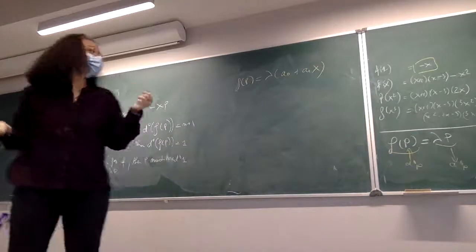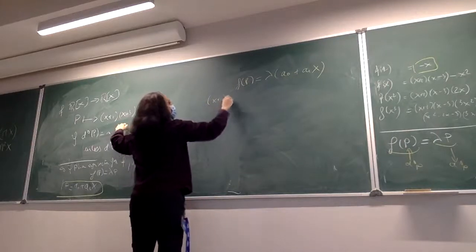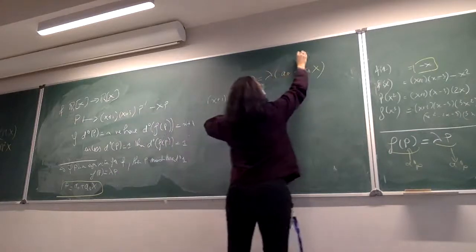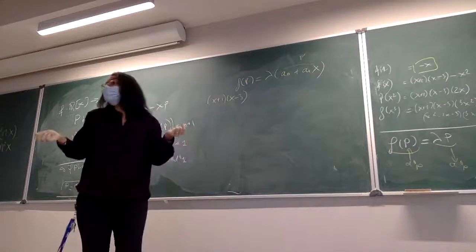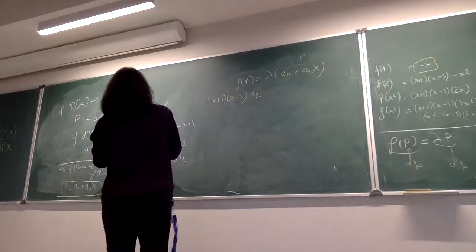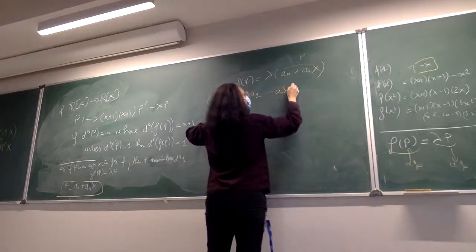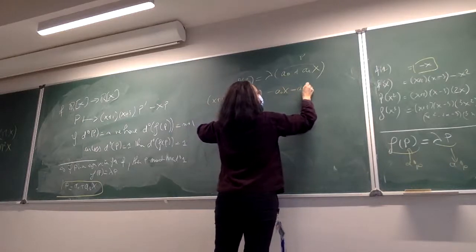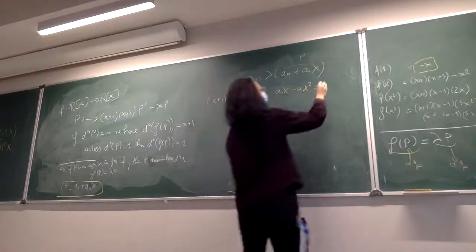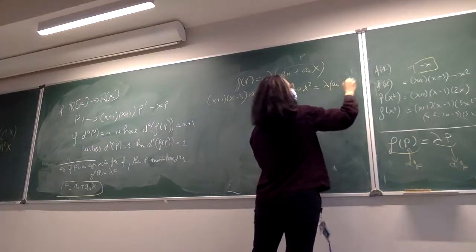So F of P should be equal to (x plus 1)(x minus 3) times the derivative, so that's a1, minus x times P, so a0 x minus a1 x squared, which should be equal on the other side to lambda (a0 plus a1x).